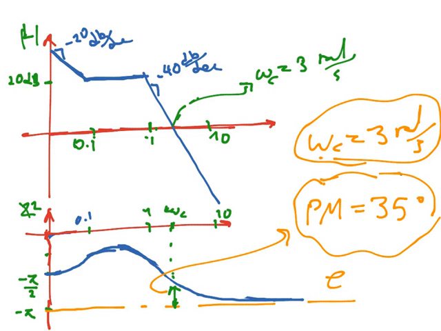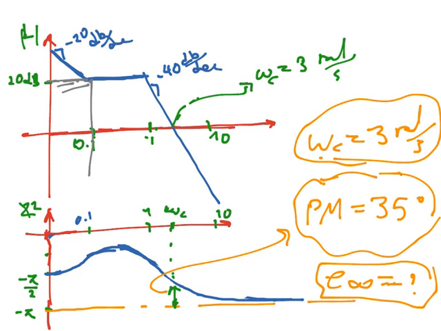What's the steady state error? I believe you should know it right now. Do you need to calculate it? Let me know as feedback. And then regarding the attenuation of the noise and the rejection of the disturbance, we already know that these are the dangerous areas for the disturbance and for the noise.